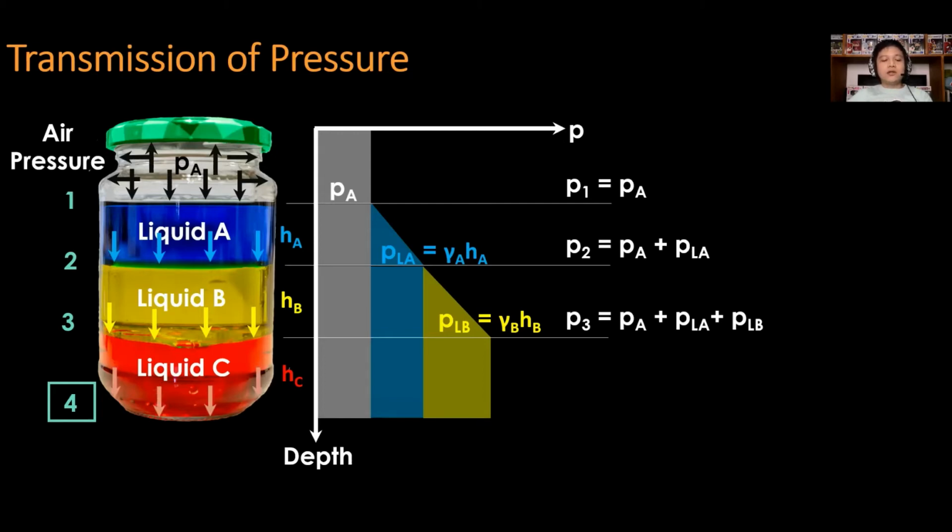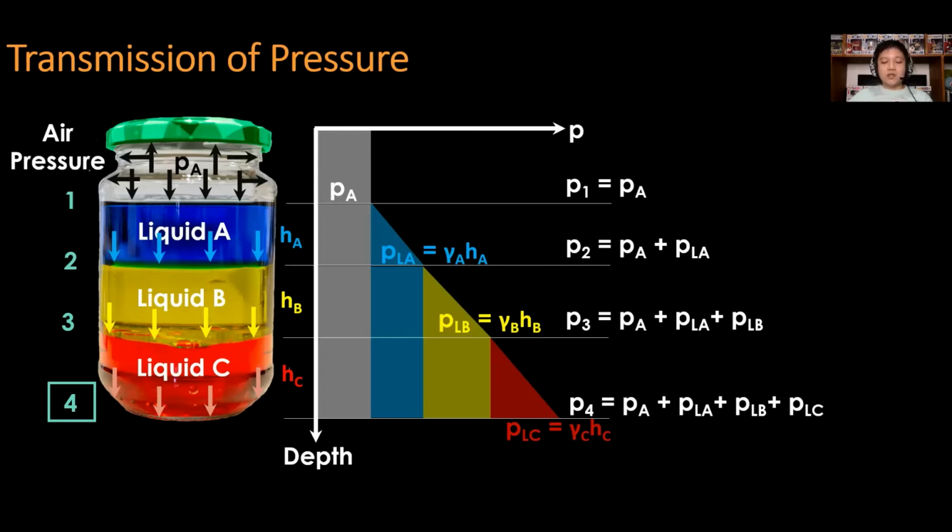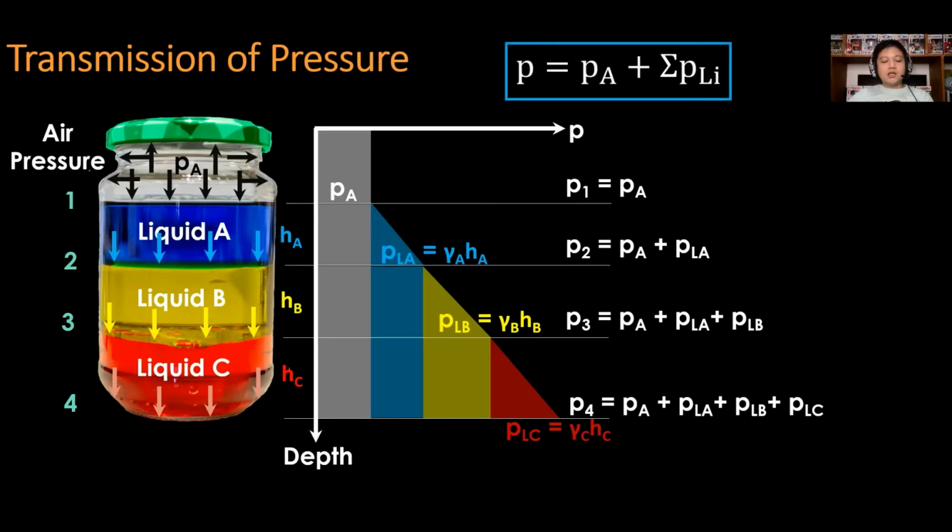In addition, we will consider the equivalent pressure of liquid C. In the diagram, pressure will increase from top to base with the maximum pressure that is P sub LC equal to gamma of liquid C multiplied by the corresponding height of liquid C. Therefore, at point 4, the total pressure is the sum of all transmitted pressure, including the pressure of the last liquid, which is liquid C. Therefore, by principle, the weight or pressure is transmitted to the fluid below.